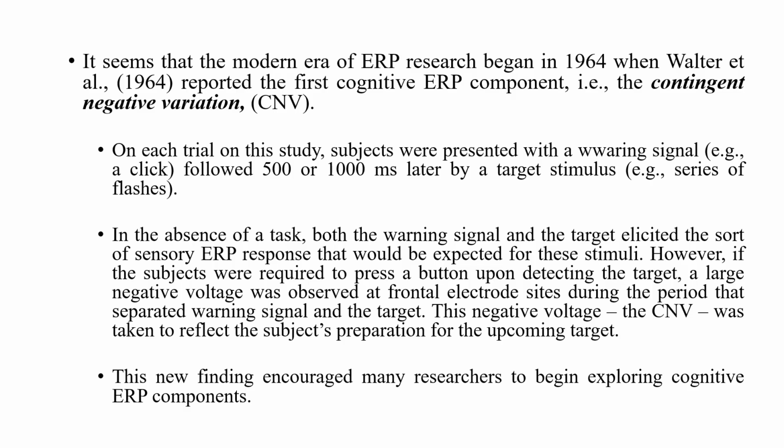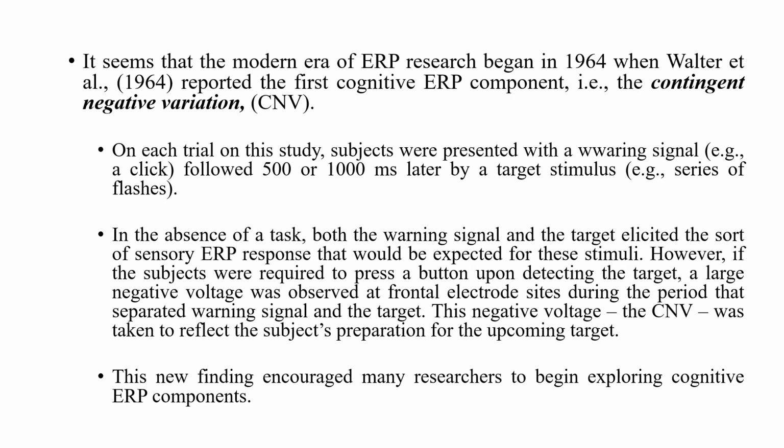On each trial in their study, subjects were presented with a warning signal, let's say a click sound, followed 100 or 500 or 1000 milliseconds later by a target stimulus. So there is a warning signal, and after that the participant is expecting a stimulus, and that target stimulus happens around 500 or 1000 milliseconds later.